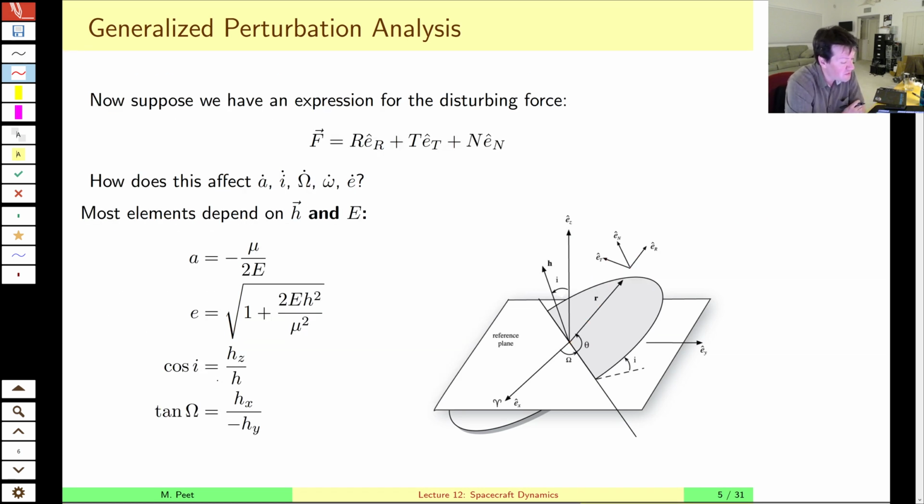So now we've decomposed our force into the three components from the satellite's perspective. For example, due to drag, the tangential is most dominant. The normal, you often get that from the perturbations to the gravity field of the Earth.